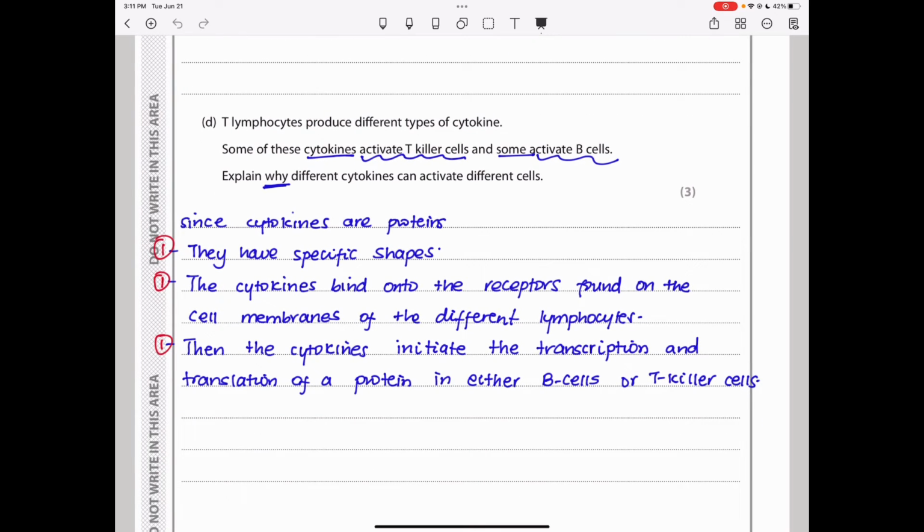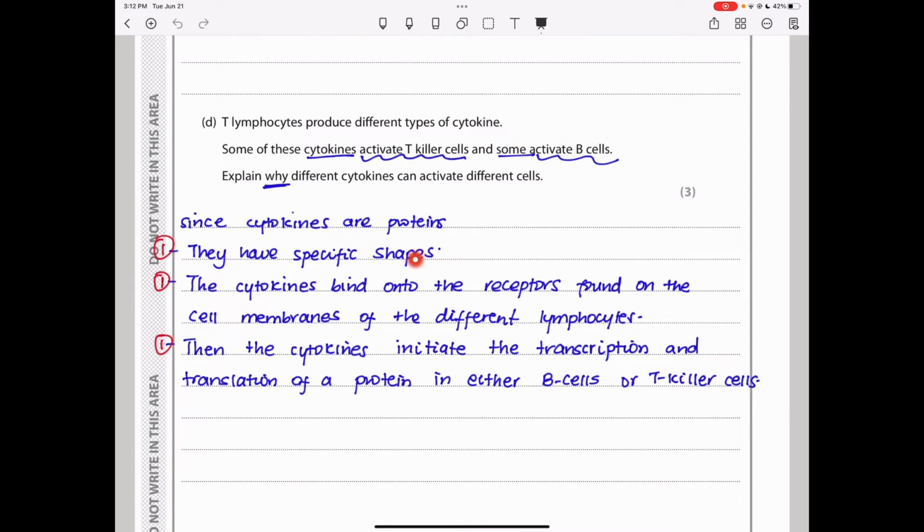Part D says, T lymphocytes produce different types of cytokines. Some of these cytokines activate T killer cells, some activate B cells. Explain why different cytokines can activate different cells. Now, you remember cytokines have to have a specific shape, because they are proteins, so I say since cytokines are proteins, they have a specific shape.